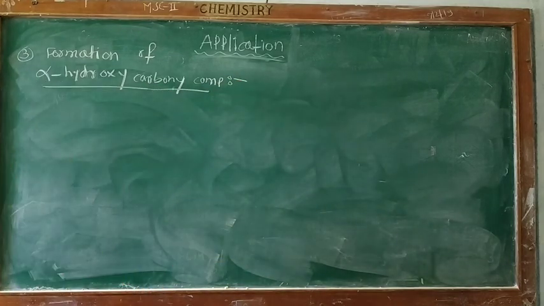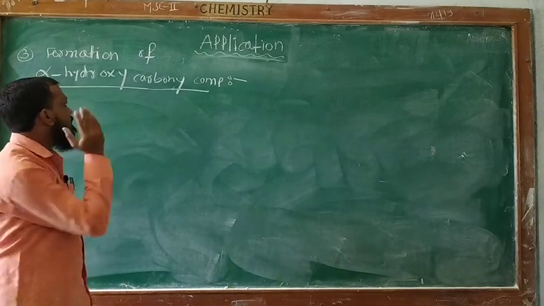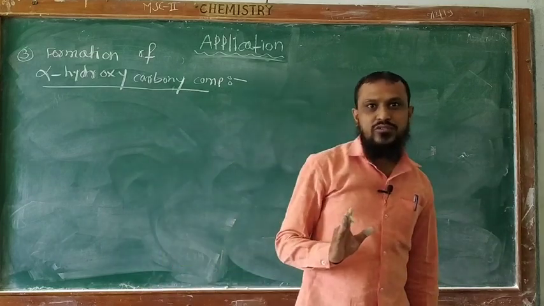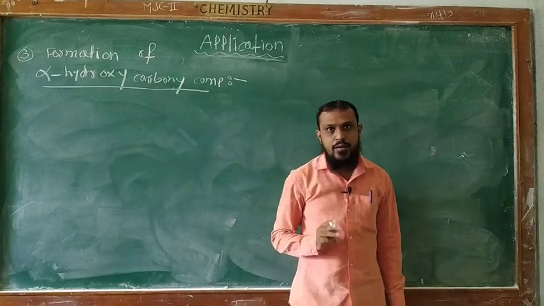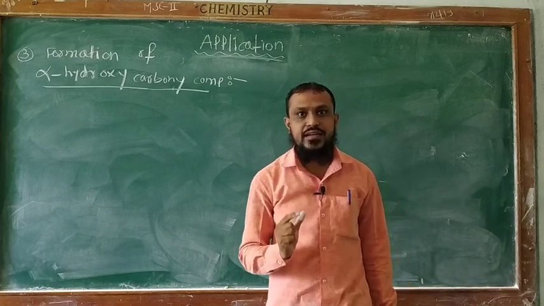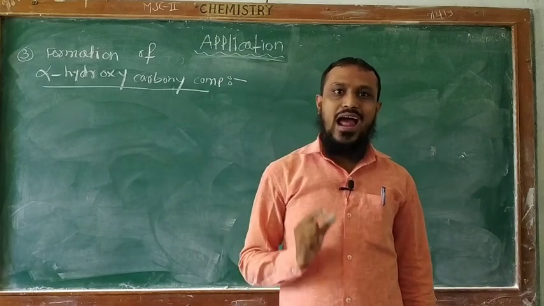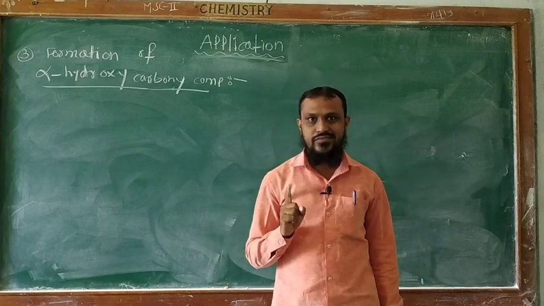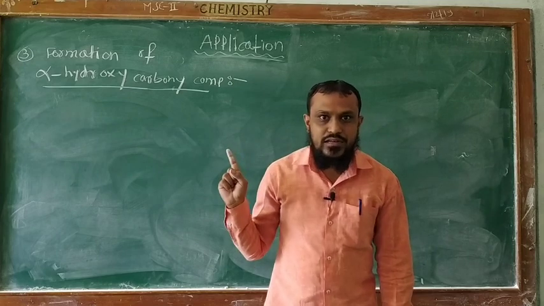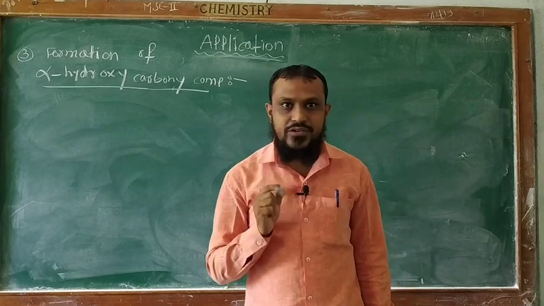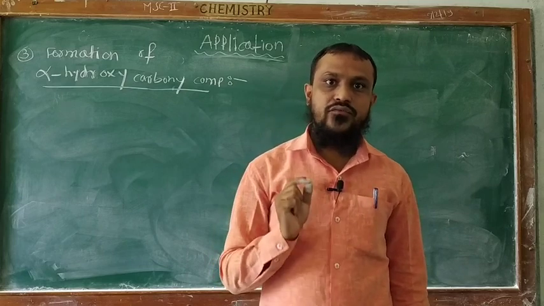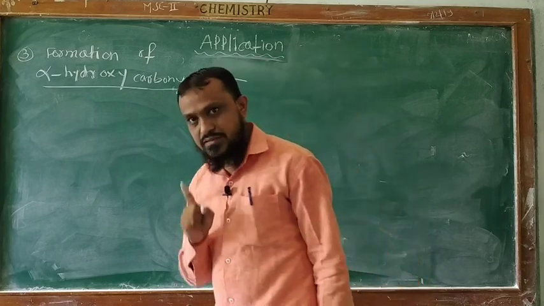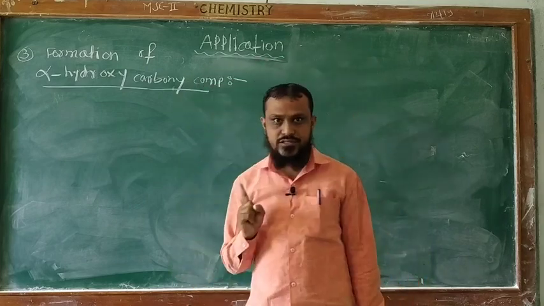Okay, the beta-hydroxy carbonyl compound is prepared by the reaction of lithiated salt with unsymmetrical epoxide. Okay, now listen carefully. Beta-hydroxy carbonyl compound is prepared by the reaction of lithiated salt with unsymmetrical epoxide. Okay, so firstly we will prepare lithiated salt.